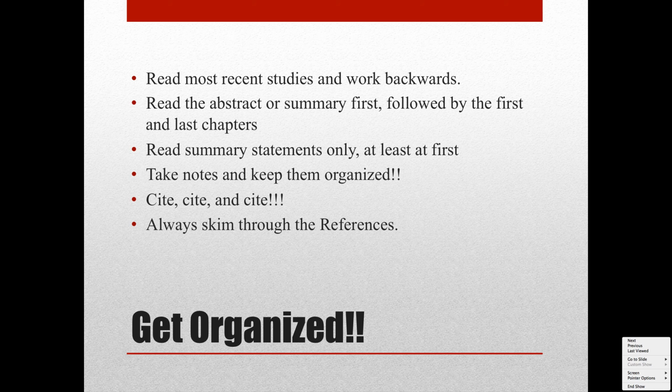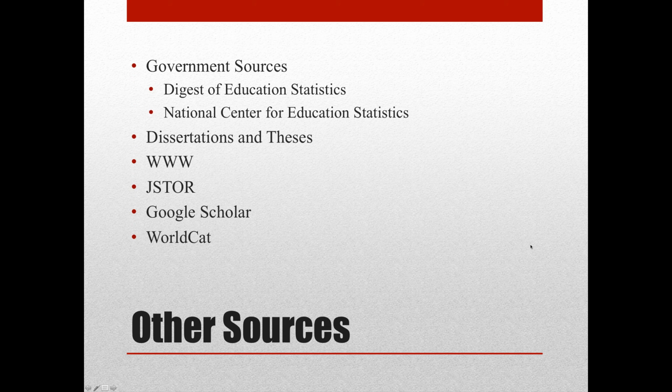Let me go back. Other sources, government sources are really good. I've given you 2 there. National Center for Education Statistics. I've worked with those guys a lot, only because my doctoral advisor was one of the key figures with that group. Dissertations and theses.